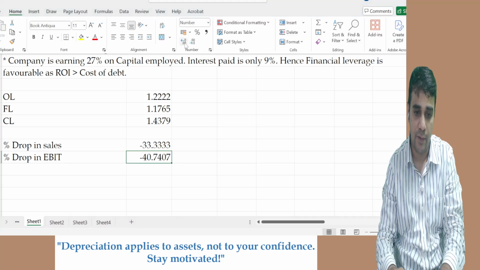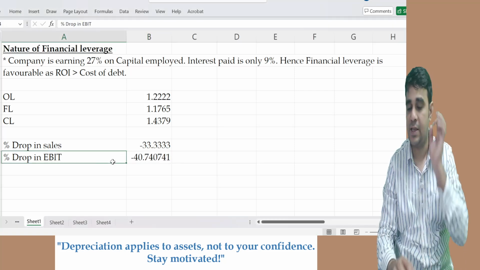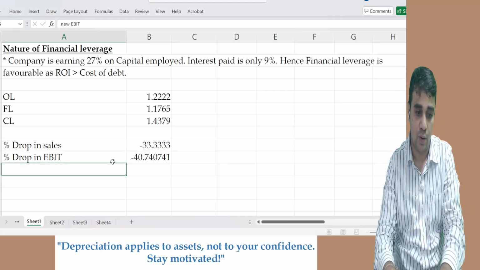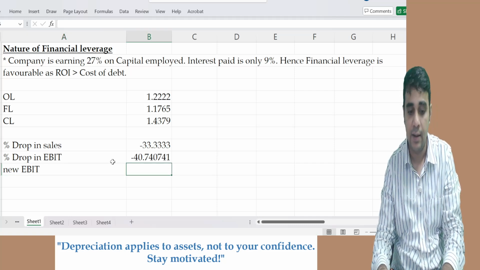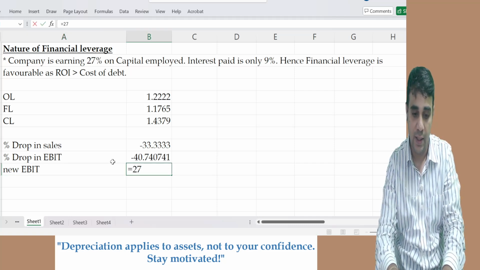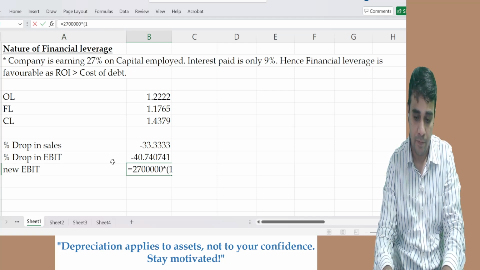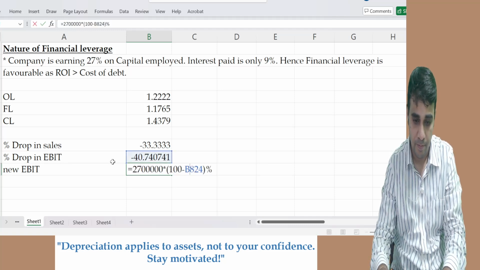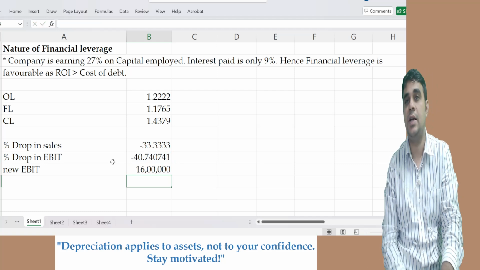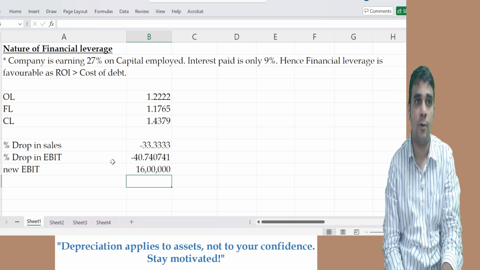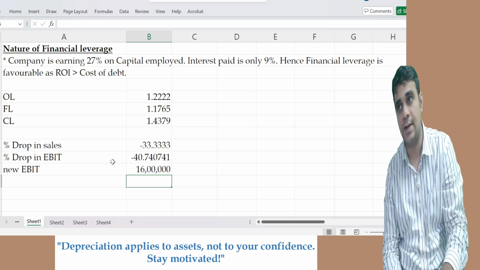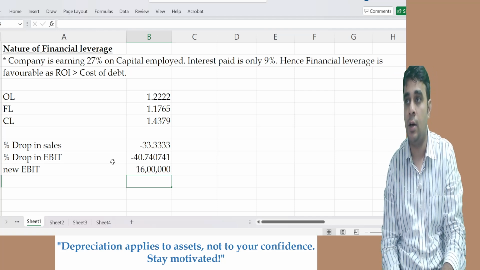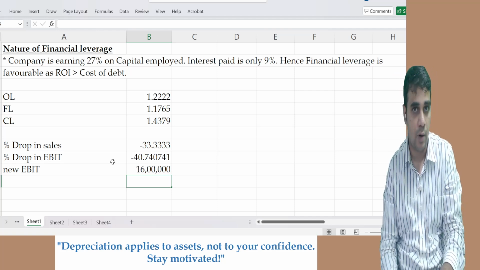I will increase the number of decimals to avoid rounding off. 40.740741 percentage. And new EBIT is equal to, earlier the EBIT was 27 lakh minus this percentage, so 16 lakh rupees. If you increase the number of decimals, you'll get exactly 16 lakh rupees. Any doubts on this? This is the new EBIT for a 33.33333 percentage drop in sales.